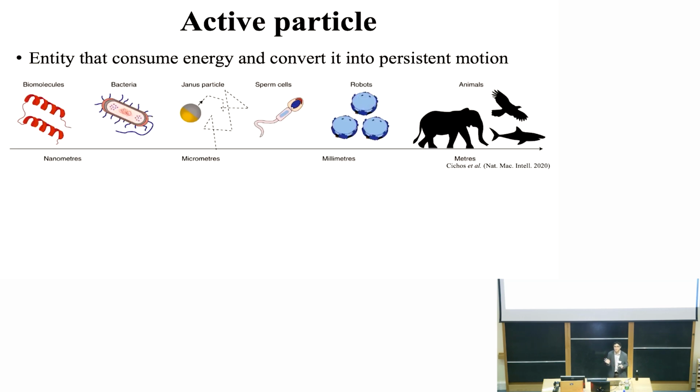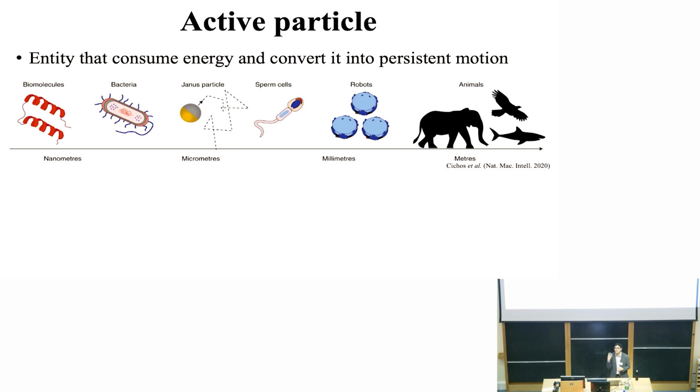They come in all shapes and sizes, and they span a wide range of scales, all the way from nanometer and micrometer to the scales of several meters. At the nano and micro scale, you have molecular motors that do processes that maintain life within the cell, subcellular scale processes.